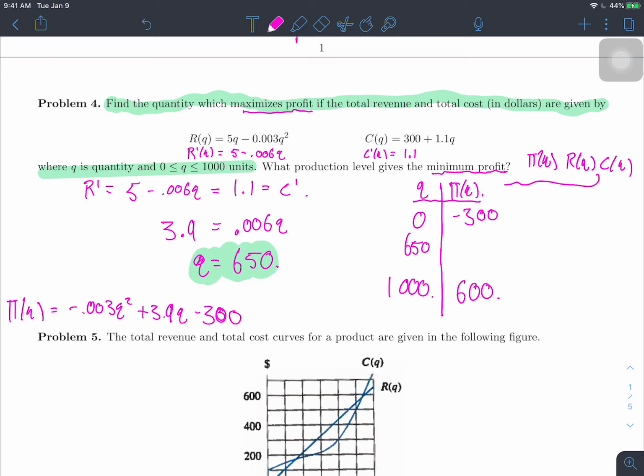If we do 0.003, multiply that times 650 times 650, plus 3.9 times 650 minus 300. Sweet. We got 967.5.